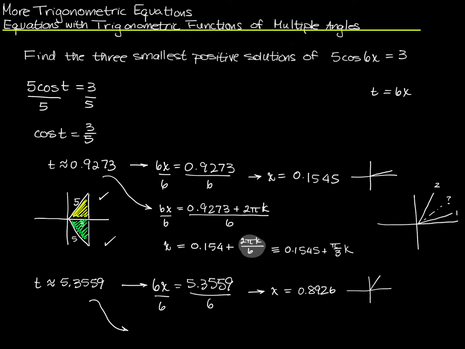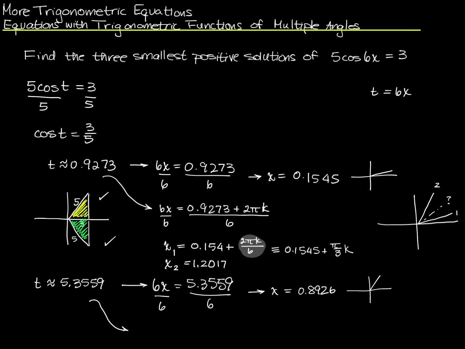I'm going to call this one x sub 1. That's my first solution. Let's call this one x sub 2. By adding pi over 3 to 0.1545, I get 1.2017.